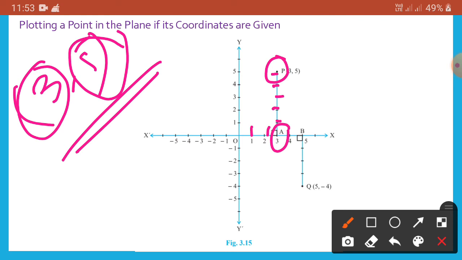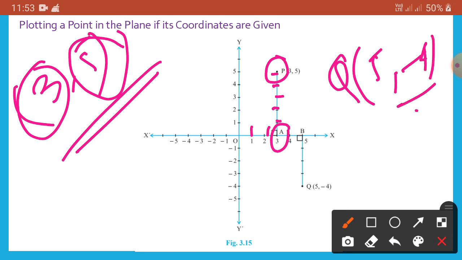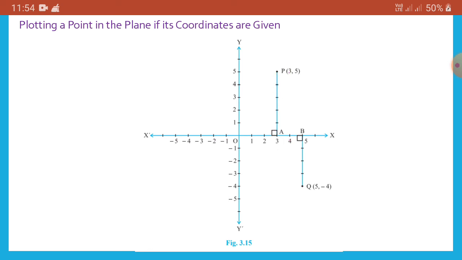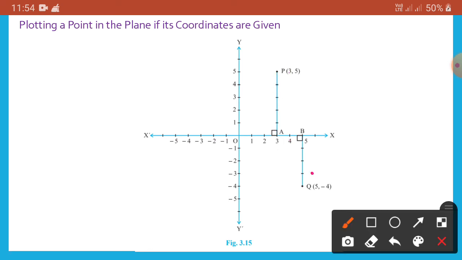Similarly, we can plot the point Q, that is 5 and -4, in the coordinate plane. The distance of Q from the x-axis is 4 units along the negative y-axis, so its y coordinate is -4. Why is it -4?